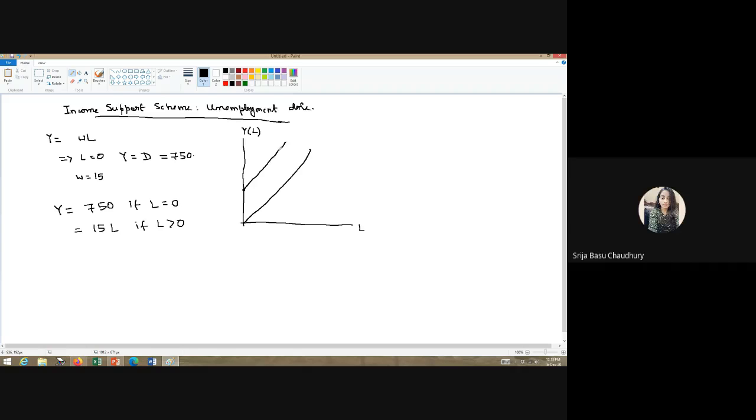So that would be a point of discontinuity first. Let's plot it the hard way.